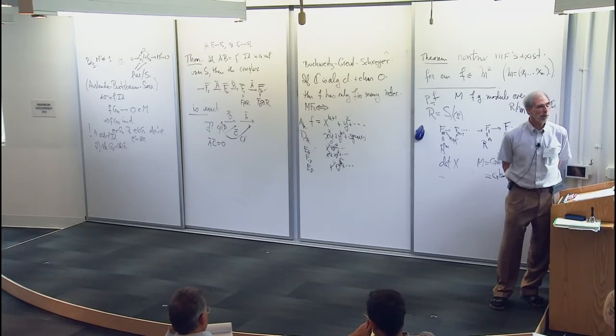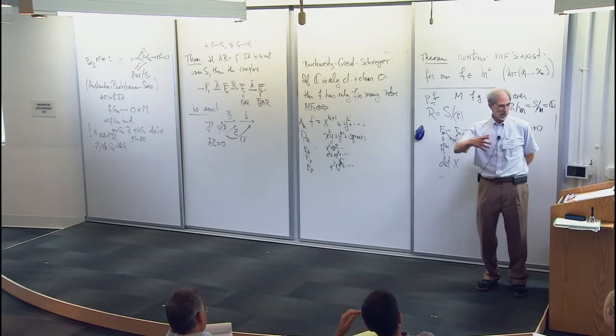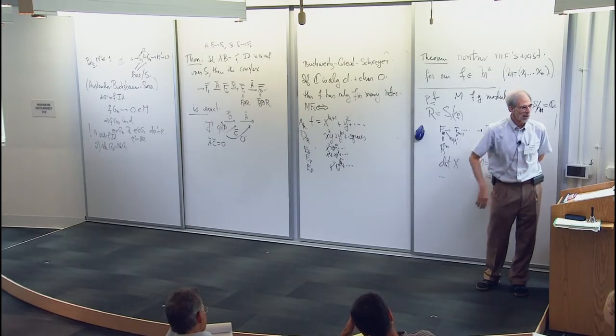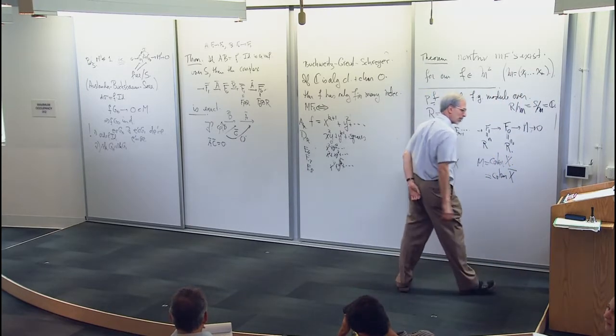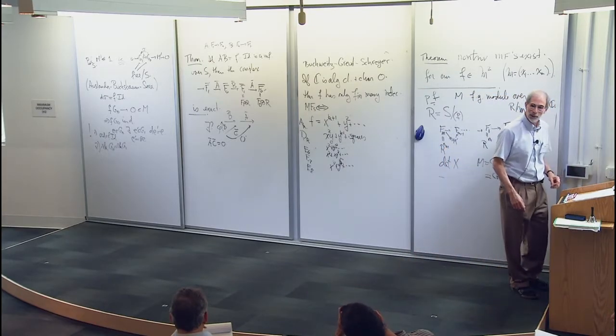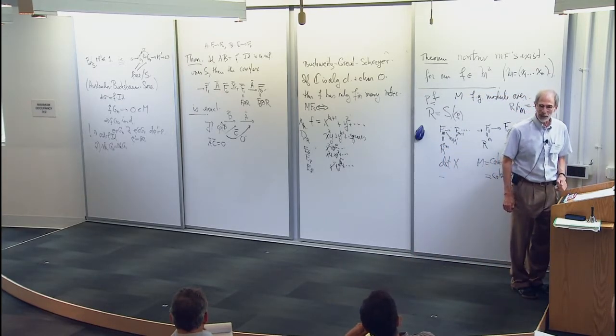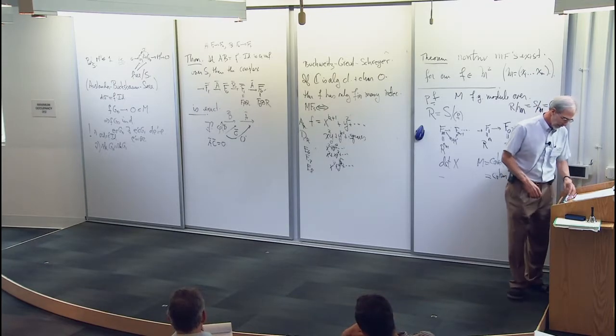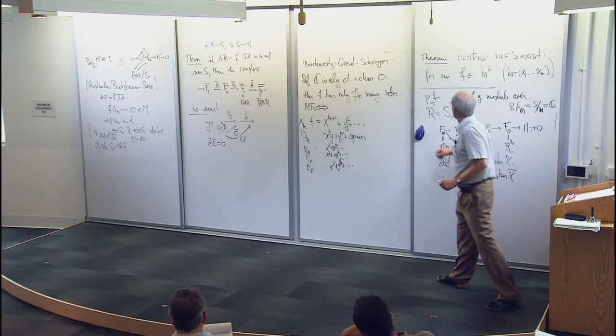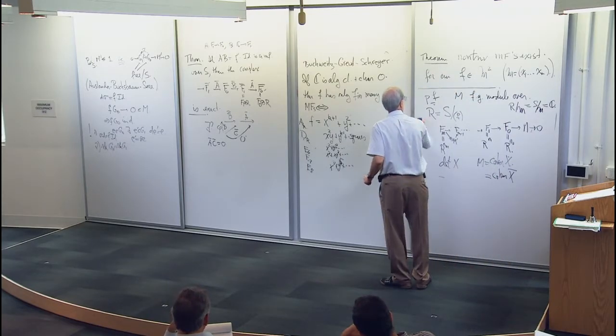That's a good question. Let me explain the appearance of the sums of squares. I think it comes from a different source, but let me explain. These squares here are just new, distinct variables. That's right. So let me explain where those come from, and then you can judge better than I can.